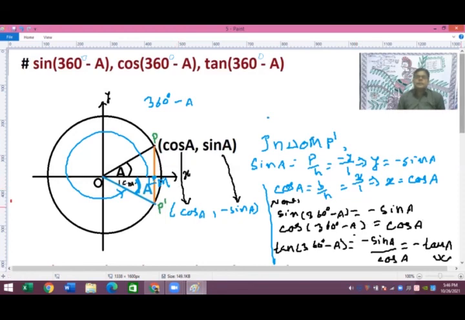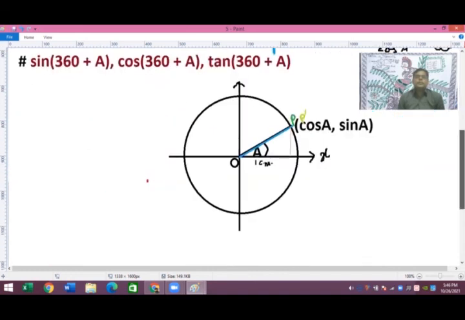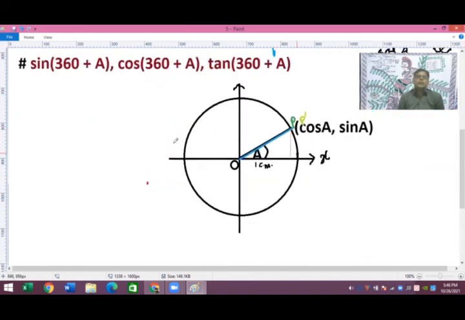Let's now talk about 360 degrees plus A. Up here we'll do the same work. With this complete circle up to here it is again 360 degrees, but plus A means we are taking the same angle plus A, so we are again at the point P, that means P and P dash will coincide. So directly from this figure we can say that sine 360 degrees plus A is sine A, because there is no change in the y coordinate.